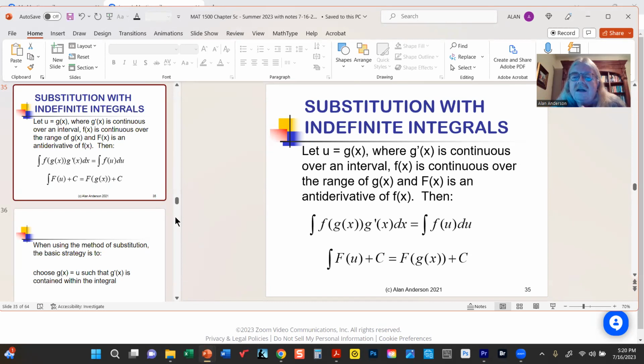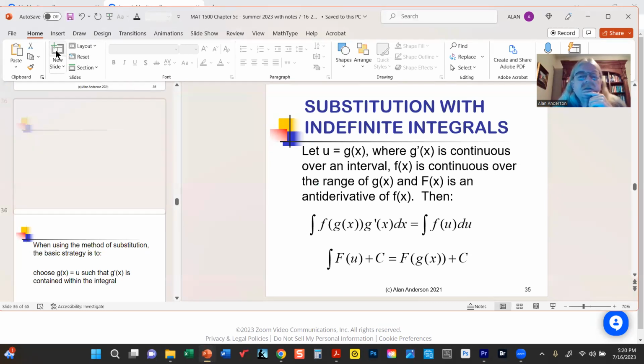And the logic behind it, of course, as you can see here, is based on the chain rule. So, quick reminder, what is the chain rule?